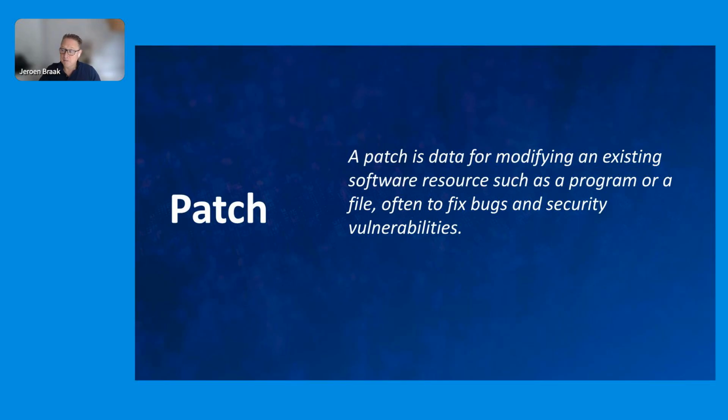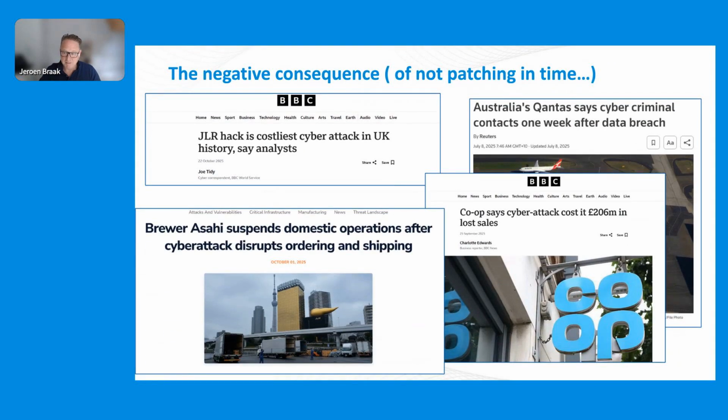That can take days, weeks, sometimes even months. And that means that the malicious actors will have access to your environment, whether you know it or not. That could lead to huge, massive exploits or other negative consequences.